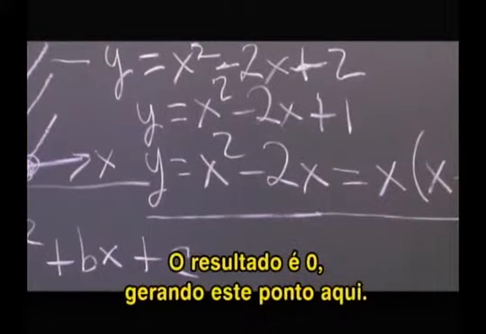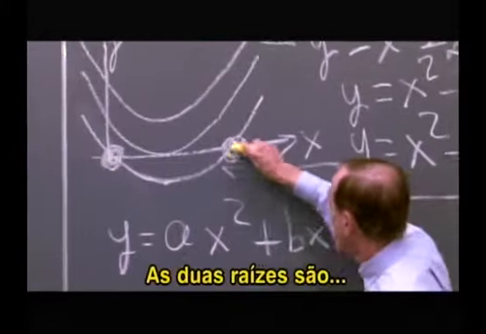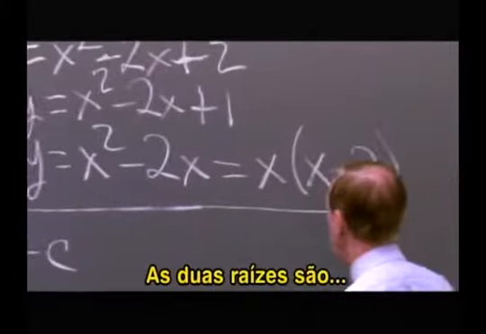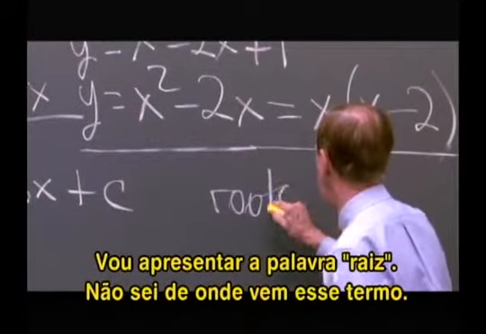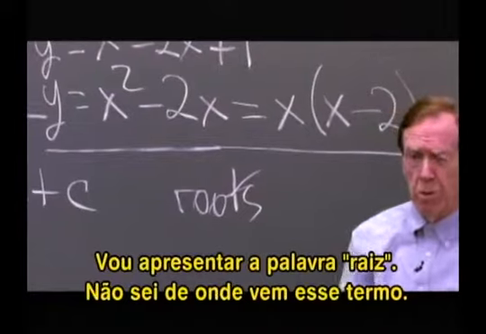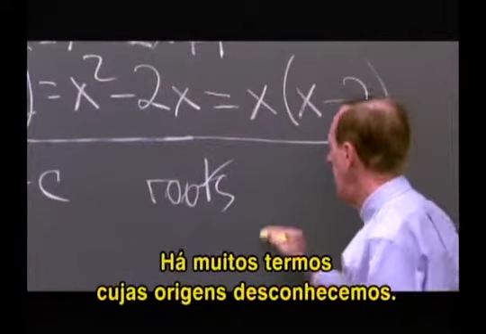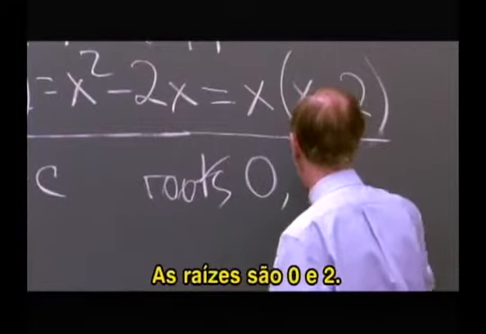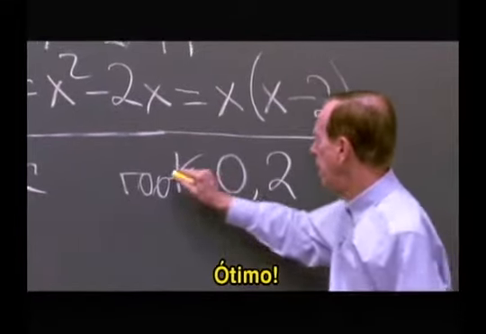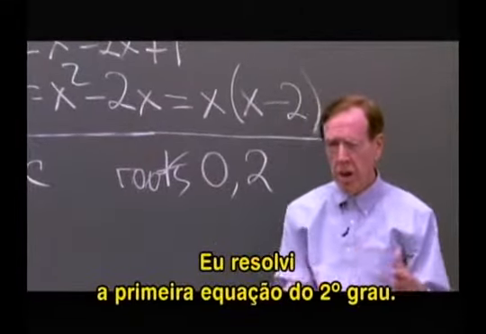I'd certainly get 0. And that's this point. So the 2 roots are, shall I introduce those words, roots? I don't know why we use the word roots. A lot of math words, you know. Who knows why? The roots are 0 and 2. Good. I have solved that first quadratic.